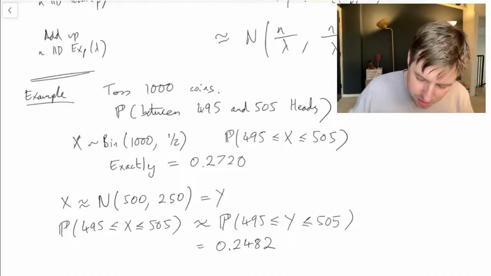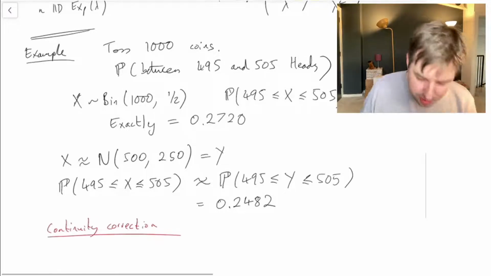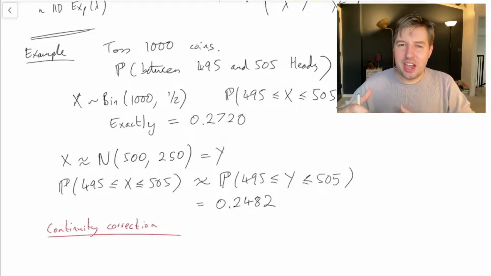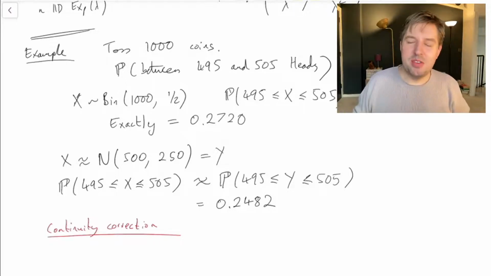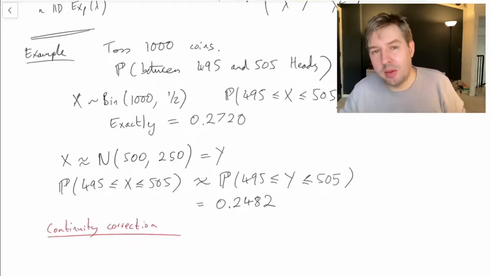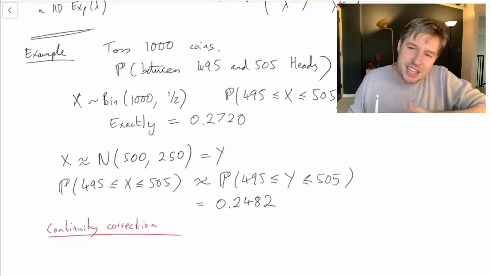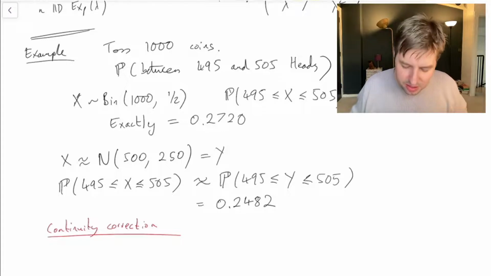So when you're doing this, it can be beneficial to use what's known as a continuity correction, which is to allow for the fact that when you say that the binomial is equal to 495, that means you haven't jumped down to 494. And when you said it was 505, you mean it hadn't jumped up to 506. But the normal can gradually go from 495 down to 494 and can gradually go from 505 to 506.